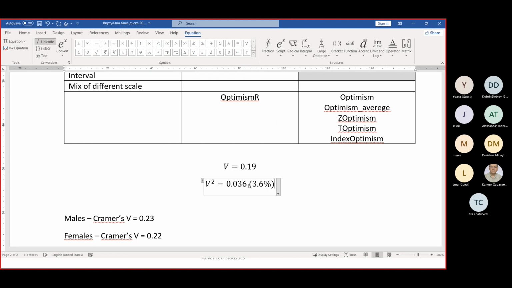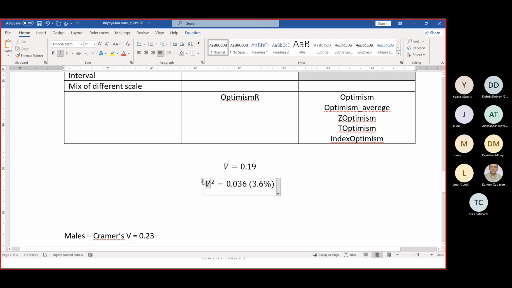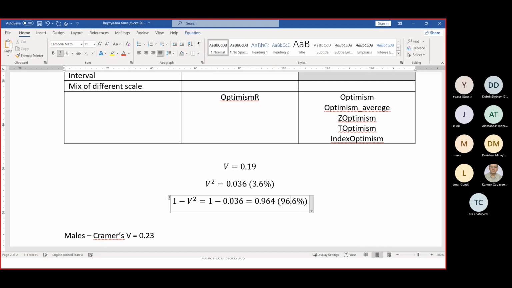This is coefficient of determination, and again we can compute coefficient of indetermination, 1 minus coefficient of determination, 1 minus 0.036, which is 0.964 or 96.4%.